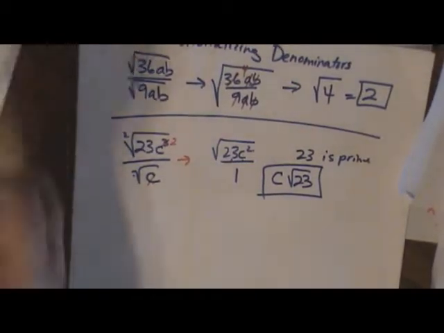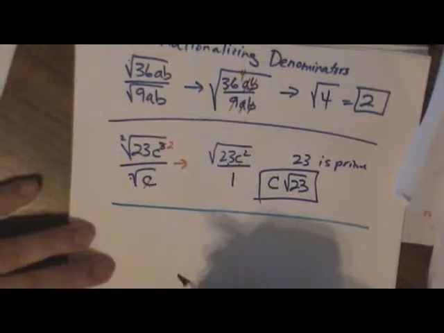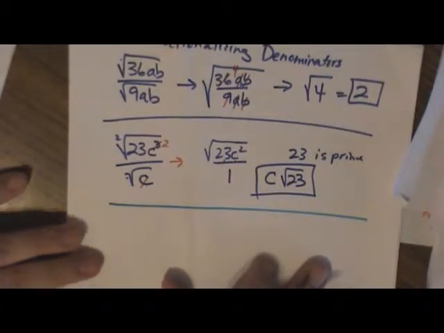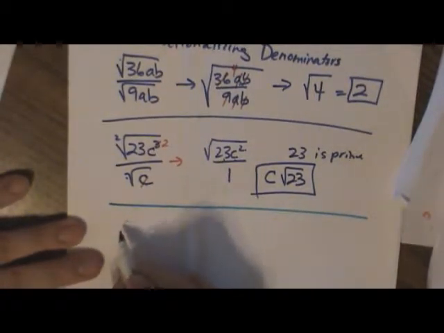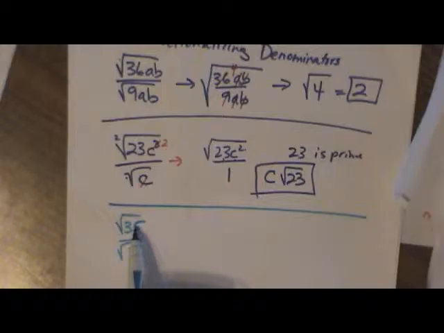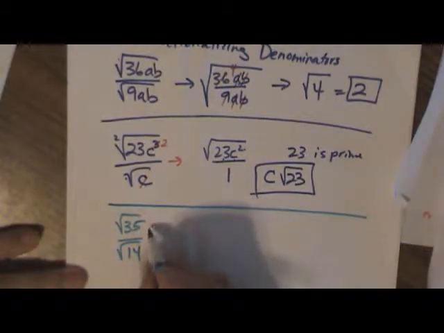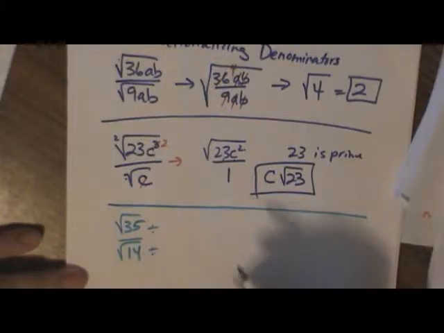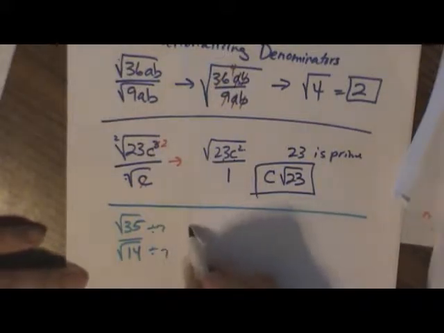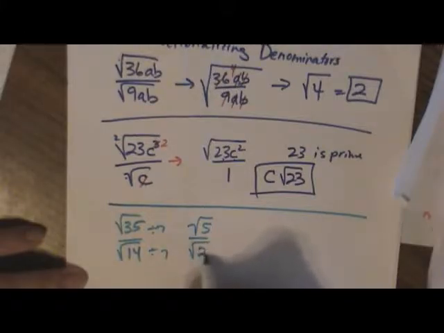Now let's do another one. Maybe this one will have one that we can rationalize. Square root of 35 over the square root of 14. If you look at those, you can identify that they have a 7 in common. So if we divide by 7 on each one of these, we're going to get the square root of 5 over the square root of 2.